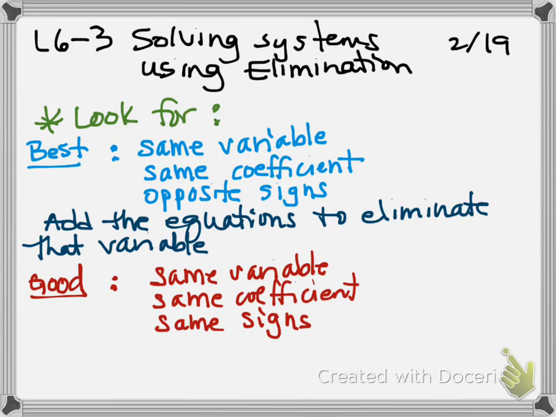So we're going to have to do a little prep step, and then we'll be able to add them. Now, the book calls this using subtraction. I don't think it's really using subtraction, to be honest with you. What we're going to do is multiply, and here's where choice comes in, one equation by, and what could I multiply an equation by so that a same variable with the same coefficient but same sign, how can I get their signs to be opposites?